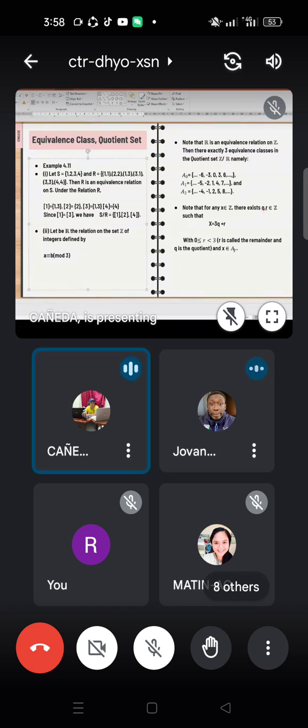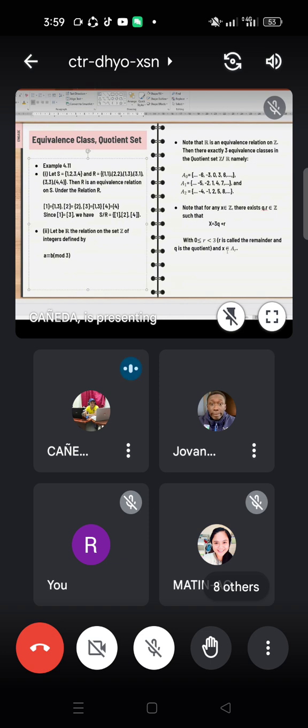R is called the remainder and Q is the quotient. And X is in A_R.